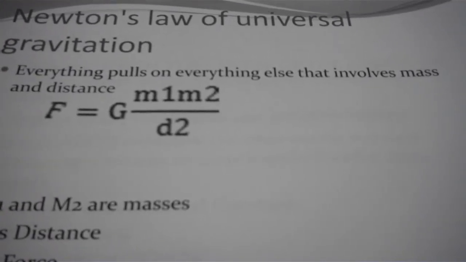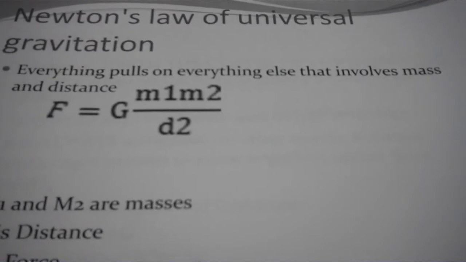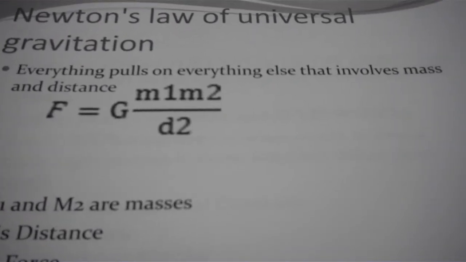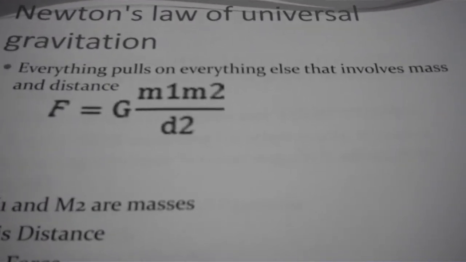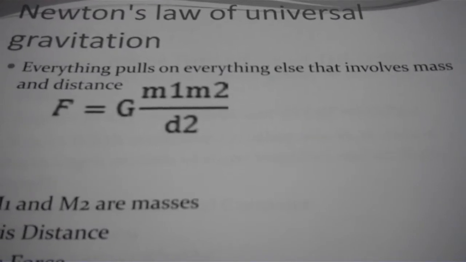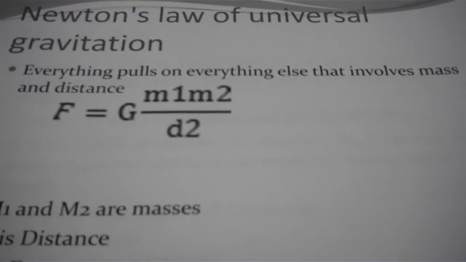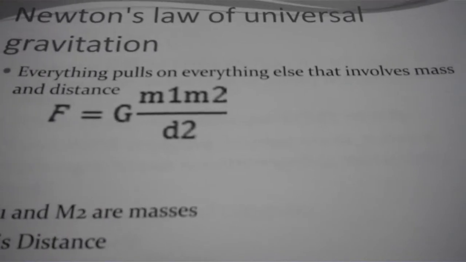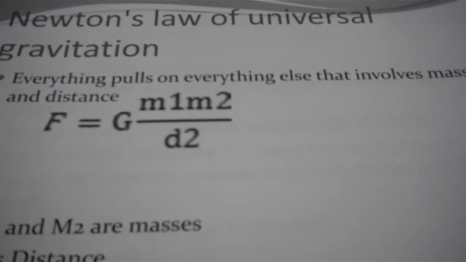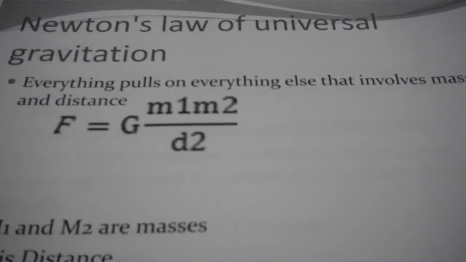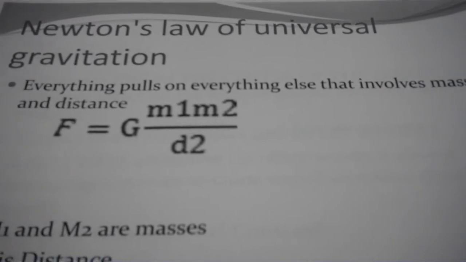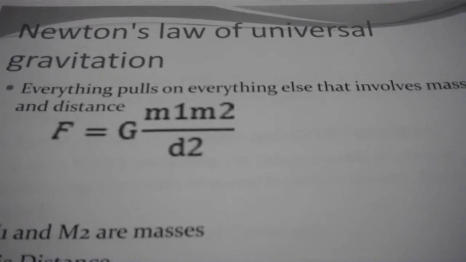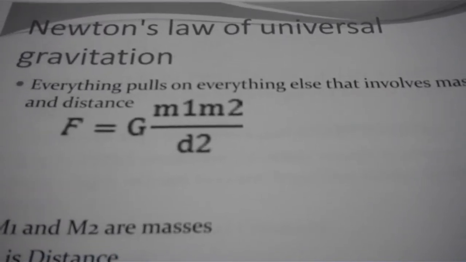So maybe Star Wars wasn't really that far off back in the day. That's not true. You can't really use the force. But this would probably be a concept that maybe they went off of in order to create that idea. So there's an equation that goes with this law of gravitation. Just like there's an equation for Newton's second law, there's an equation for Newton's universal law of gravitation.